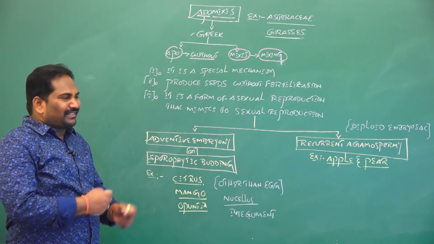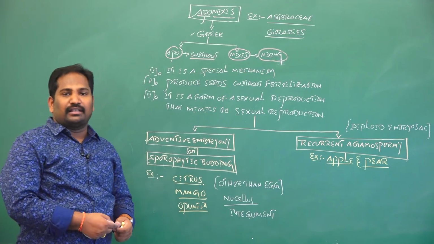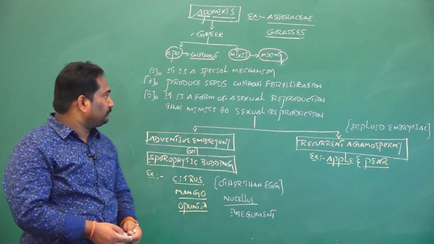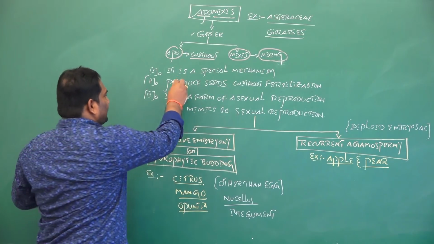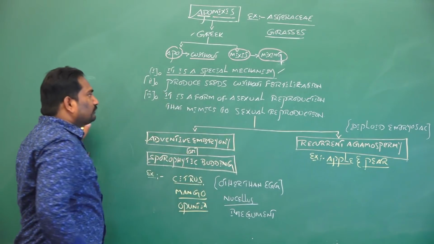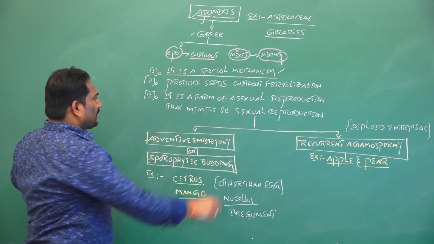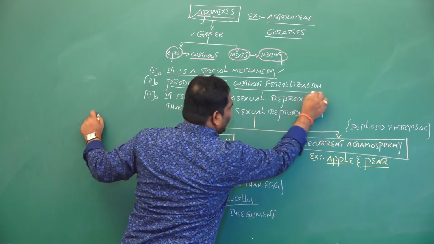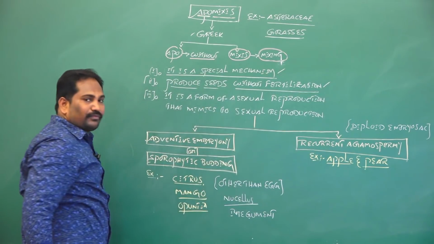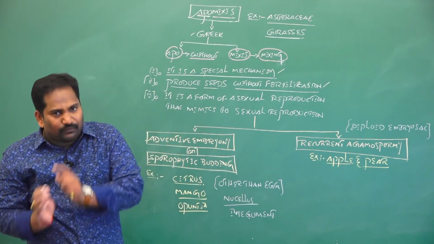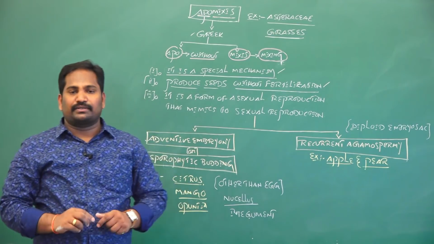So, what structures are not mixing? What new structure is formed, and in which family, we discuss now. Generally, apomixis is a special mechanism. During apomixis, seeds are produced without fertilization. Generally, seeds are produced from the ovule during fertilization.